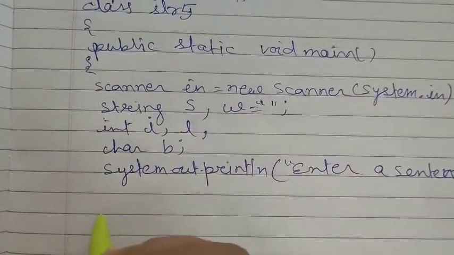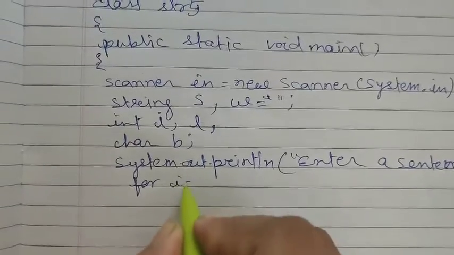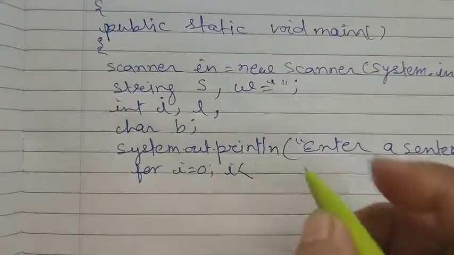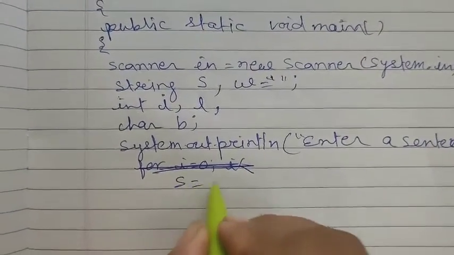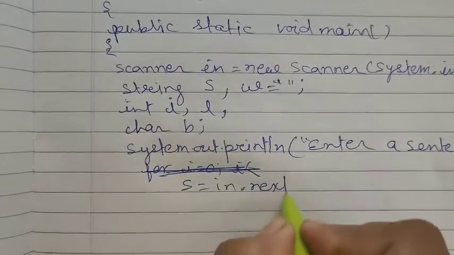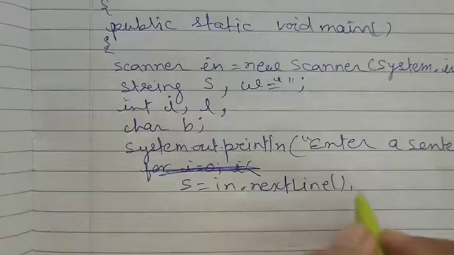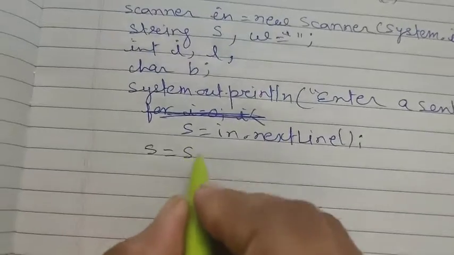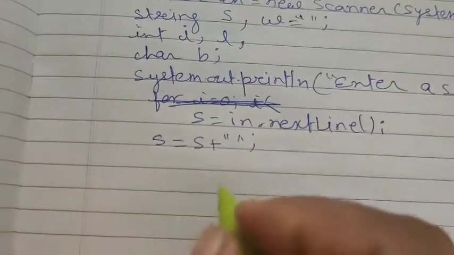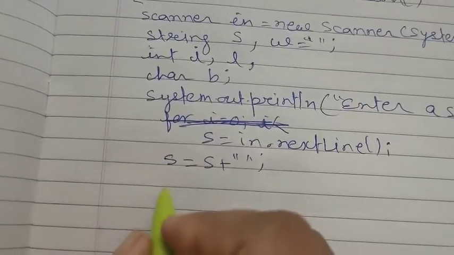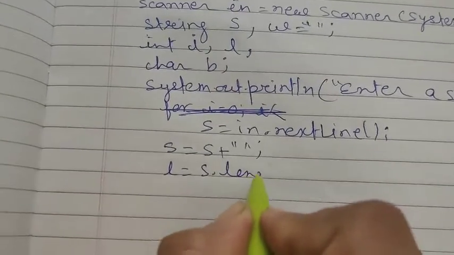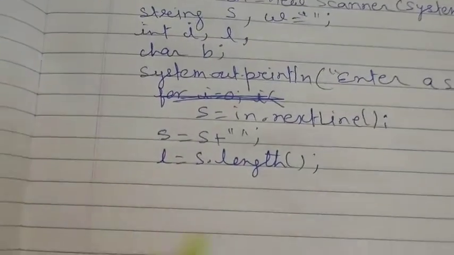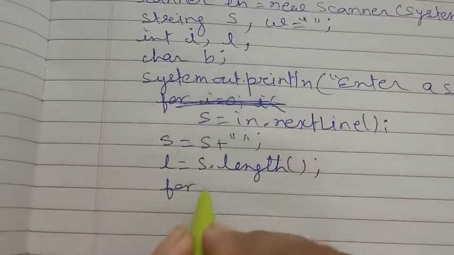Then s = in.nextLine(), we are entering the sentence, and after this I am going to add a space at the end of the sentence because we are going to extract the words. Then l = s.length(). Now I have got the length of that sentence.